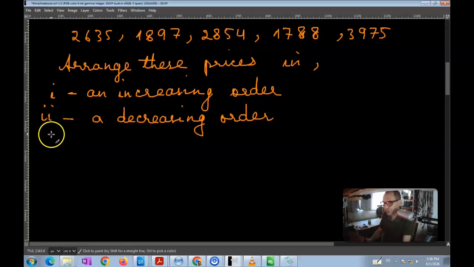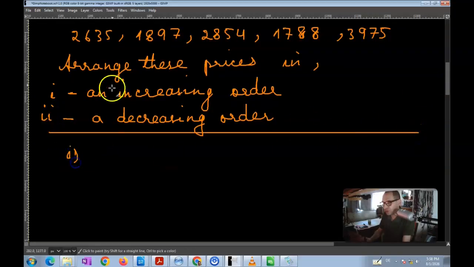Based on number 1, in an increasing order, if I were to arrange these prices, since it's supposed to be increasing, I'm going to have to start from the smallest price and end up with the largest price. So the smallest price over here is 1,788. So I write 1,788. Then 1,897.